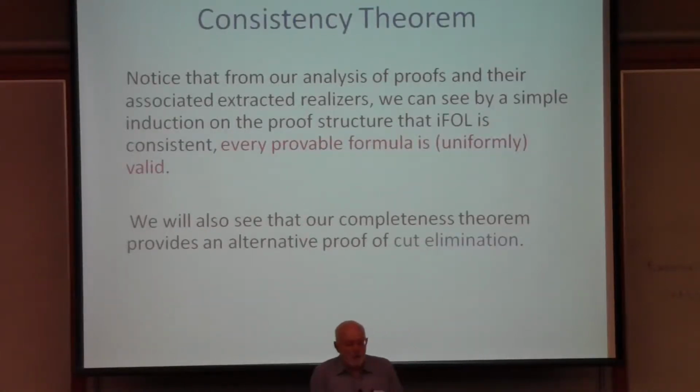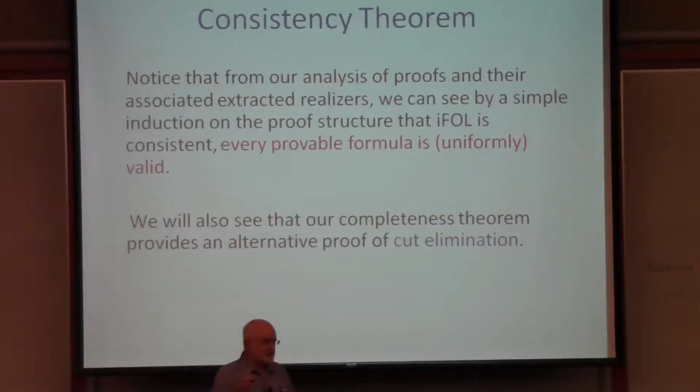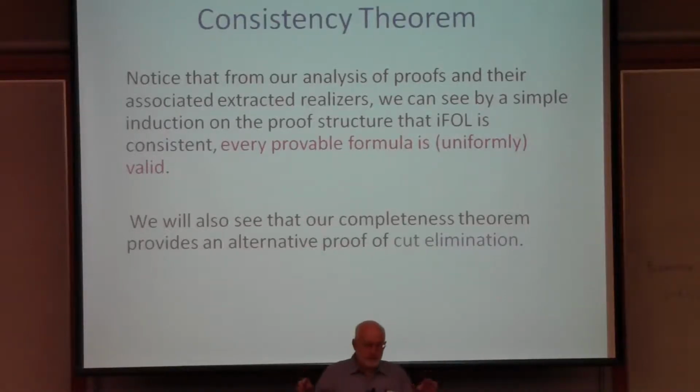But one thing to notice already about what I explained from analyzing the proof terms is that we have a very nice constructive consistency proof for first order logic. Because what did we do? We showed that if something is provable, we could actually, from the proof, build the semantic realizer, all right?